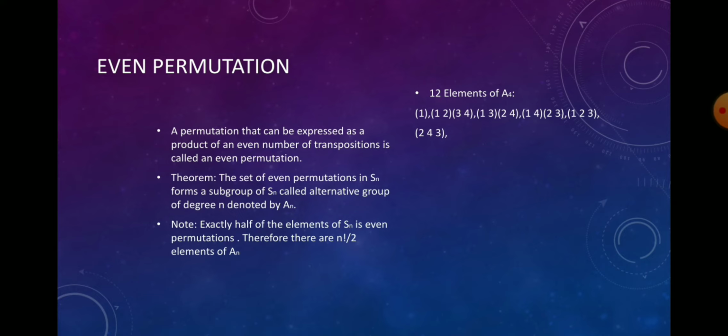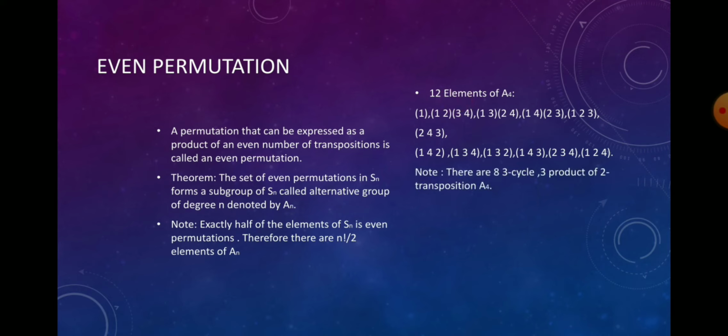Not only this 3-cycle, any 3-cycle you take will require an even number of transpositions to represent it. Hence, these are nothing but the total 12 elements of the group A4. We note that in A4 we have the 3-cycles, 3 products of 2 transpositions and 1 identity element, and we get the 12 elements of A4.